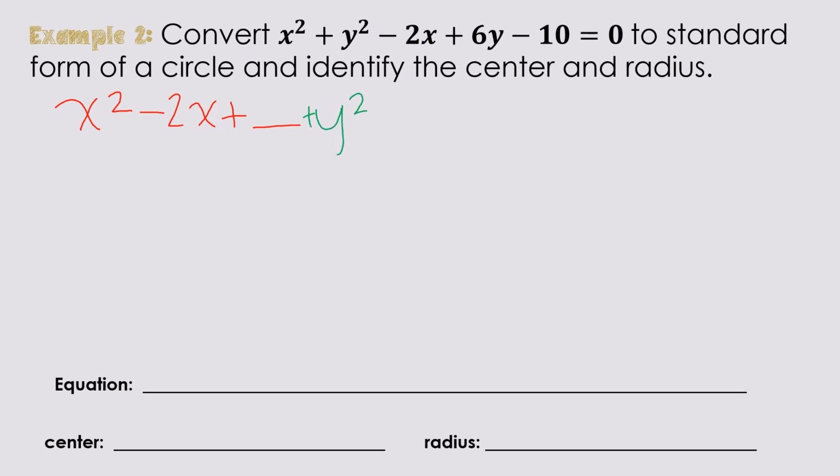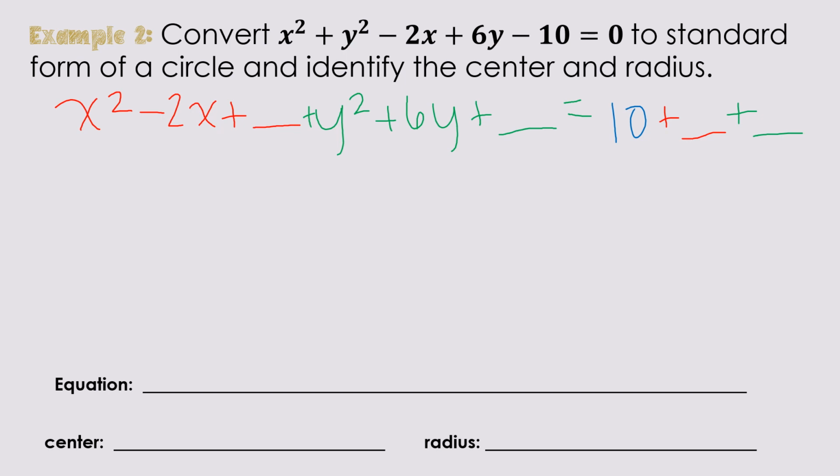Plus y squared plus 6y, and then your space, equals our constant of negative 10, which needs to get moved to the right side, so we're going to add 10, making it positive 10. And then we need to balance the numbers we're adding on the left side onto the right side. Now we're ready to find those numbers.